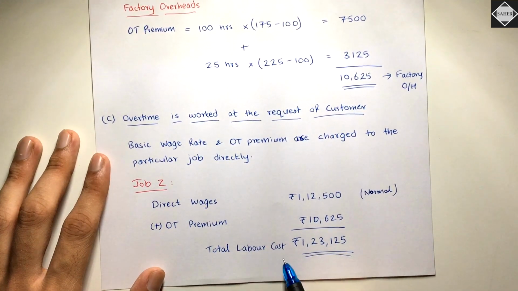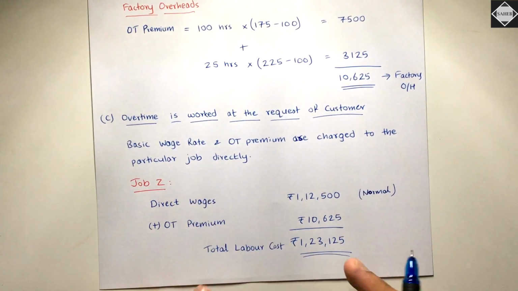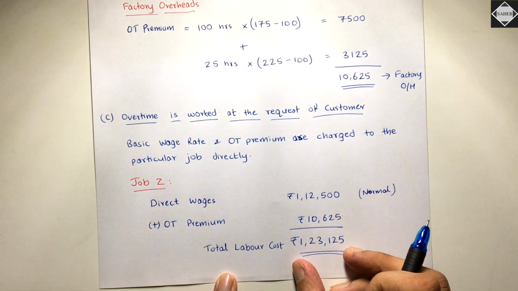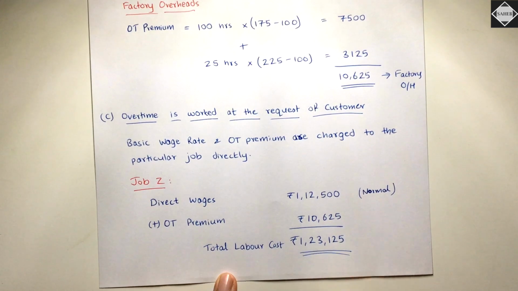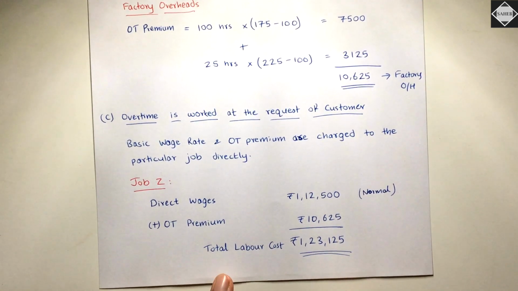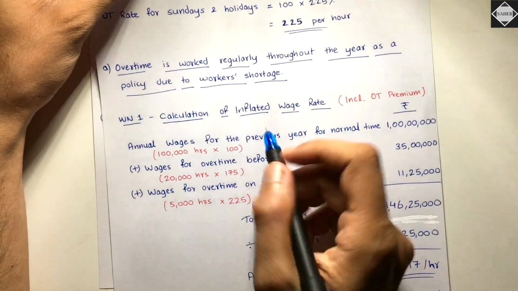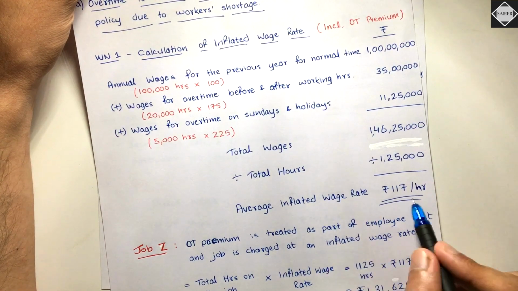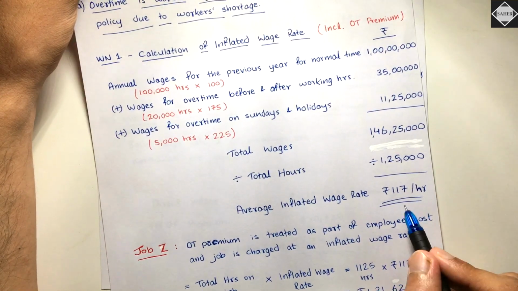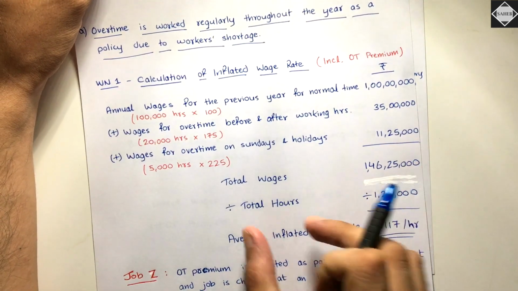Fine. So the total labor cost that has been allocated to job Z in this last case will be 1,23,125. Is it clear? Simple, you understood? In the first case, what happened? In the first case, we calculated the inflated wage rate. The inflated wage rate came out to be 117. How did we calculate this? Total wages divided by total hours.